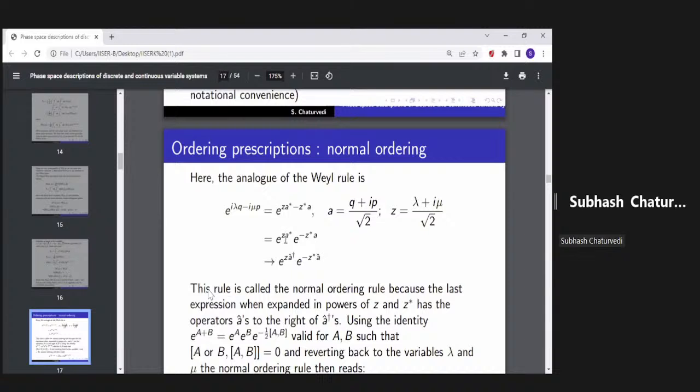So this exponential can be broken up in this form. And after we have done that, we elevate the combinations of Q and the A and A star to operators in this manner. So this is this particular prescription.